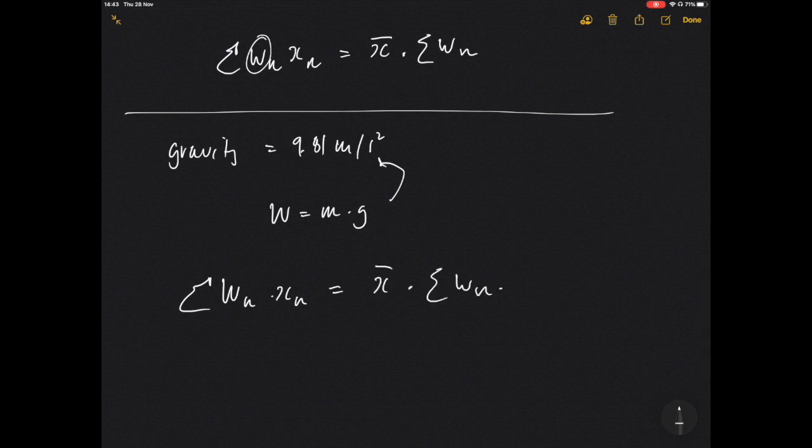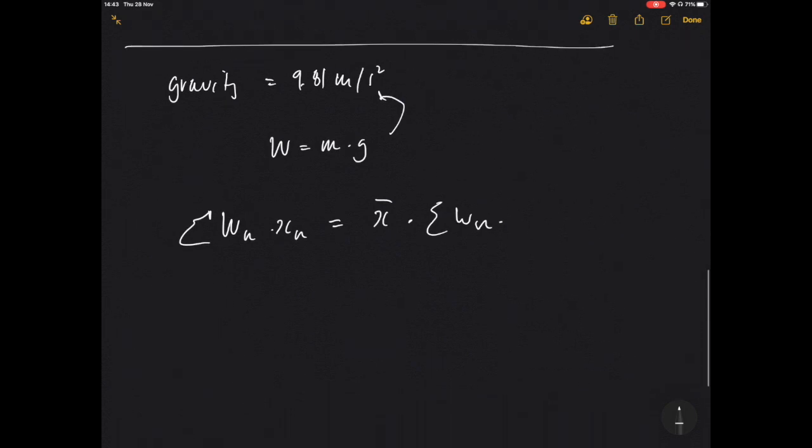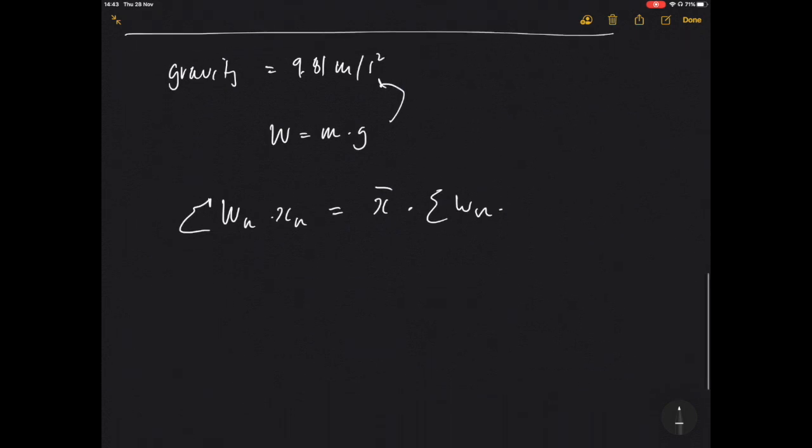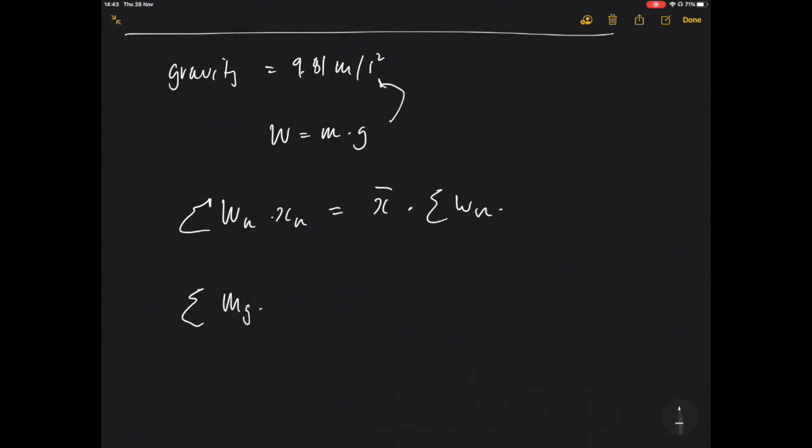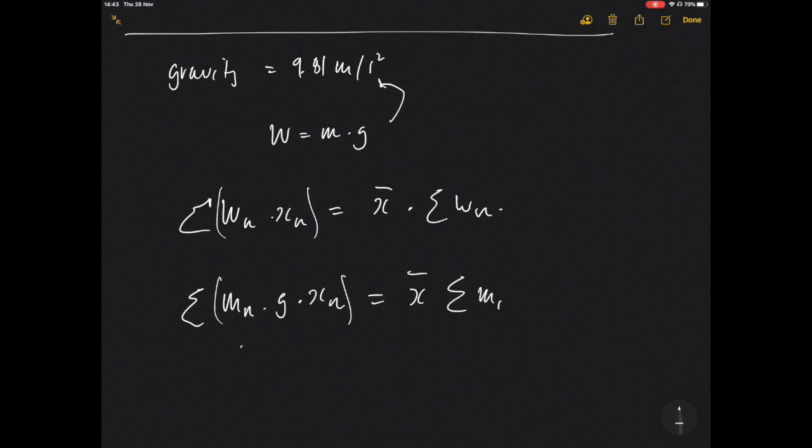So what we see here is, if we substitute our mass and our gravity in, we can say that W equals mass times gravity, so that would be m_n g multiplied by x_n, the sum of all these, is equal to x bar times the sum of m_n g.